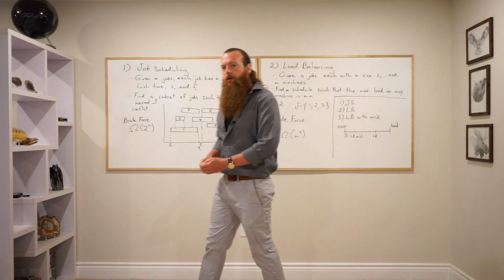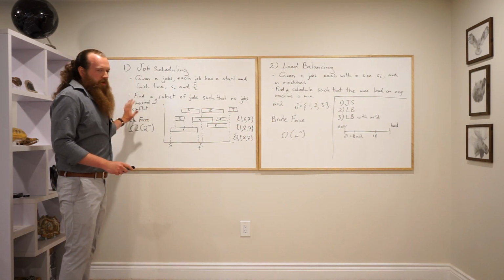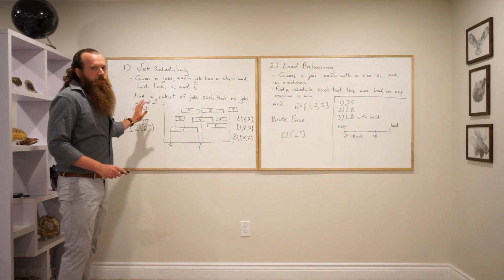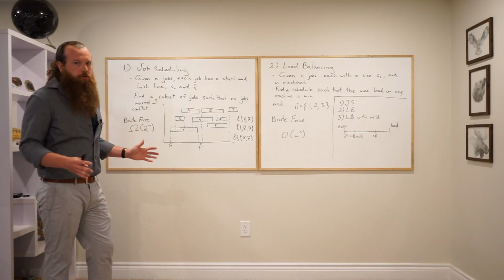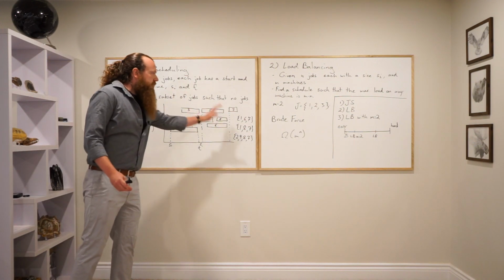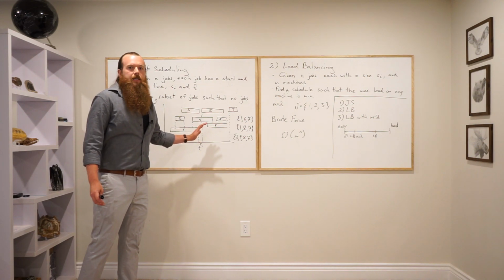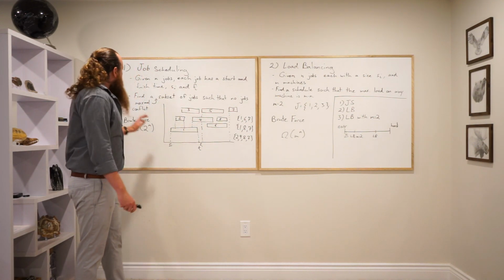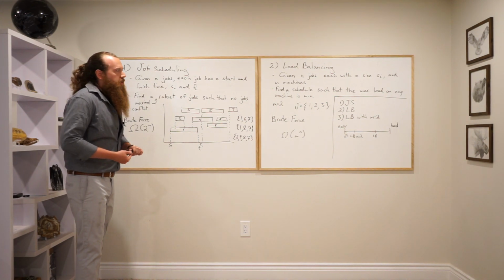Well, we're talking about greedy algorithms. Job scheduling has a greedy algorithm that solves it, an optimal greedy algorithm. That means there exists a greedy algorithm such that for any instance of this problem, any configuration of an arbitrary number of jobs, it will always find a maximal subset of those jobs such that those jobs don't conflict.